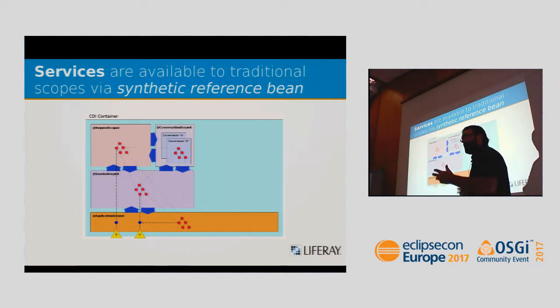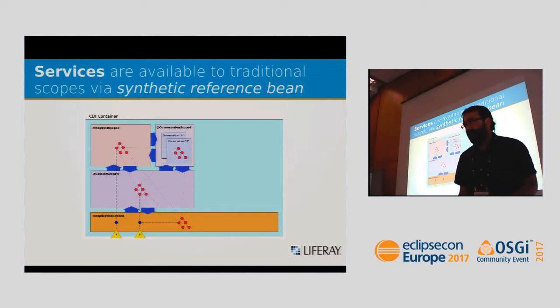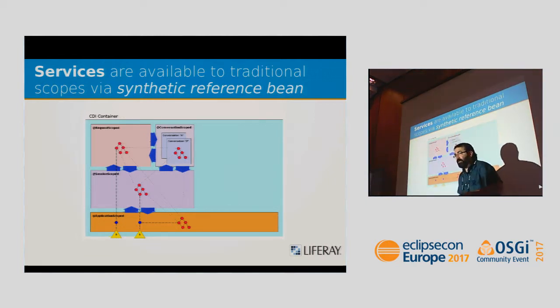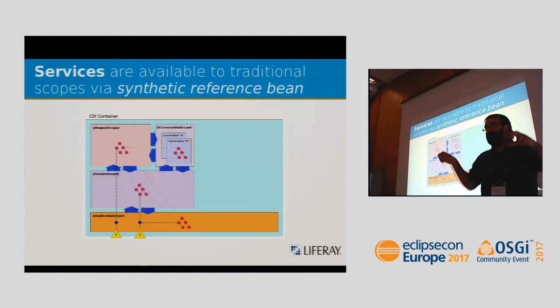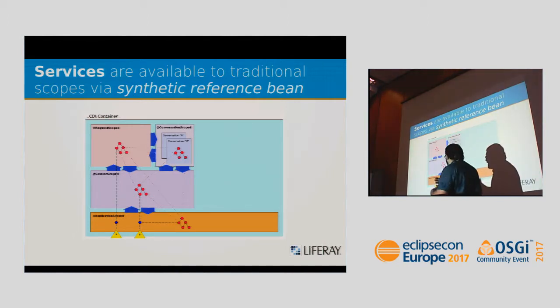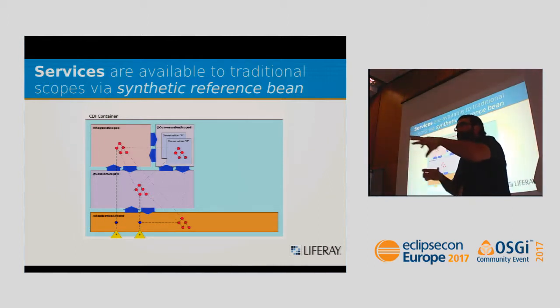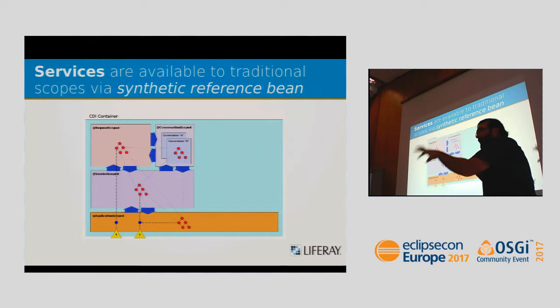Because intrinsically in their application, there's no bean that defines that service. But when they make a reference to a service at a particular injection point, here or here, the CDI extension for OSGi will build a synthetic bean, represented by these blue dots, which manage the heuristics of how to get those services, the cardinality, the optionality, and all of that.